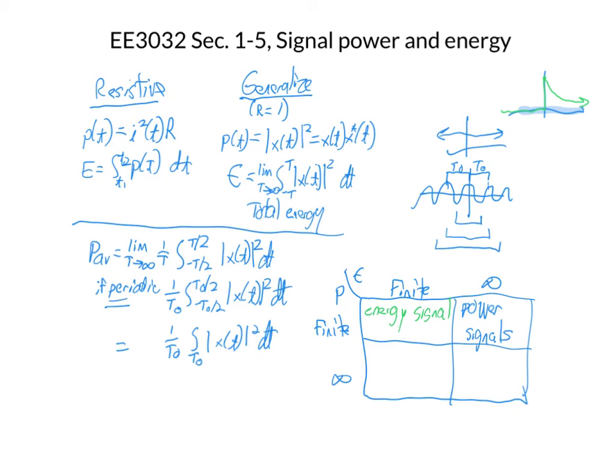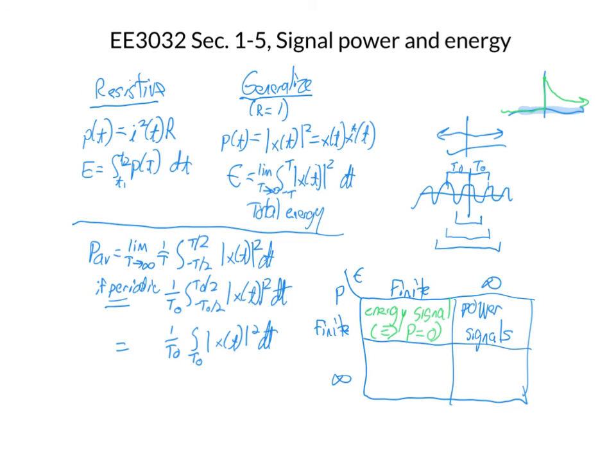And specifically, the power is not merely finite, but the power is going to be 0 in this case. If the energy is finite, since you're dividing a finite energy by more and more time to evaluate the average power, the power is actually 0 in these cases.